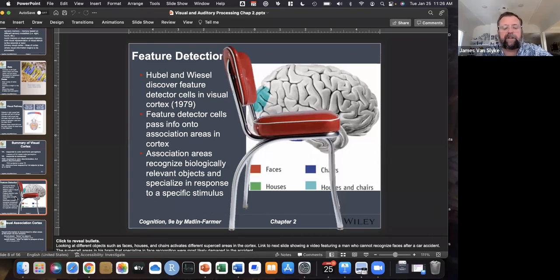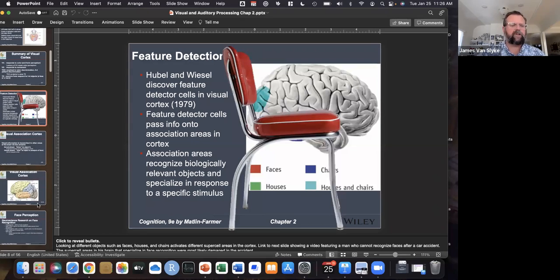Association areas are what create our more complex visual objects. They detect more advanced or complex sorts of visual objects.